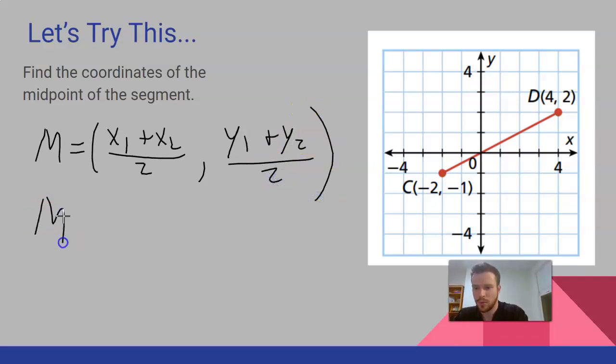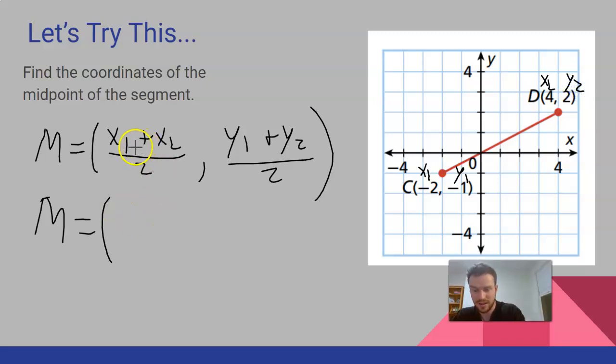Before we move forward, it would help us to label and figure out what x1 and x2 and y1 and y2 are. Well, I'm going to say that -2 is x1, and if -2 is x1, then the y value next to it has to be y1. And then that would make the coordinates of D x2 and y2.